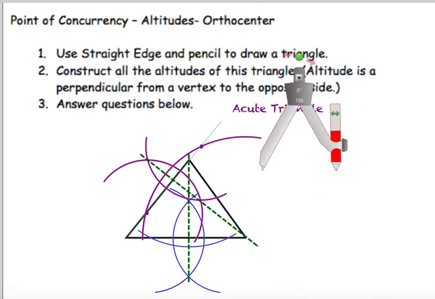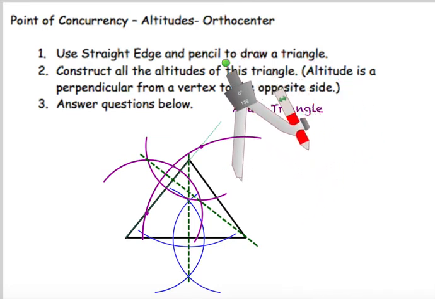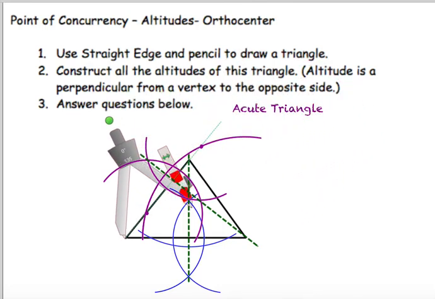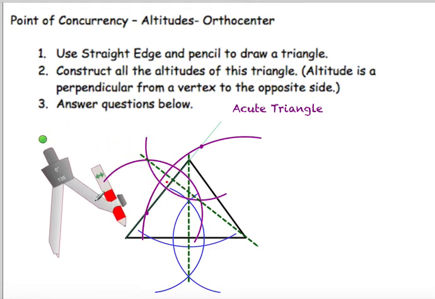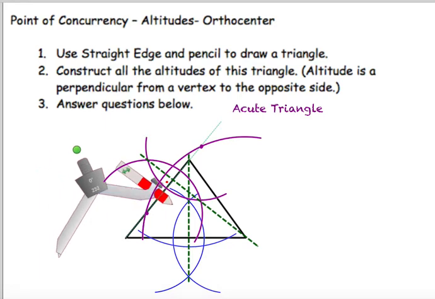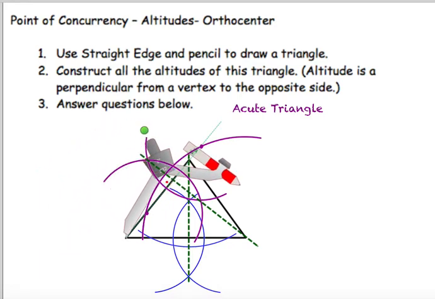So the third angle is over here. Need to open this wide enough to intersect the other side twice.